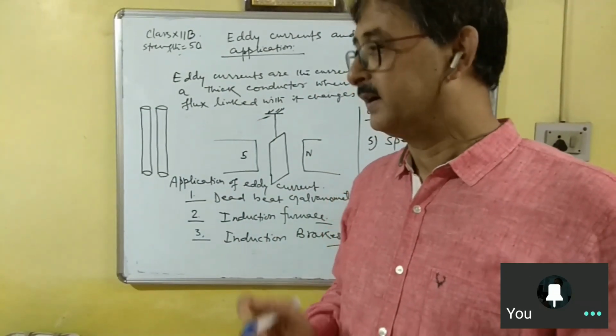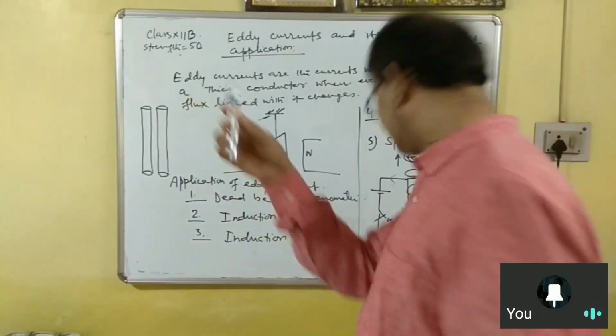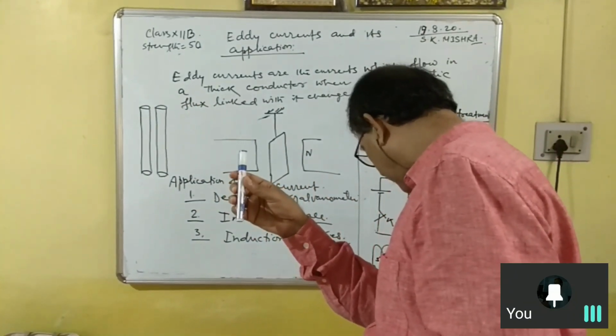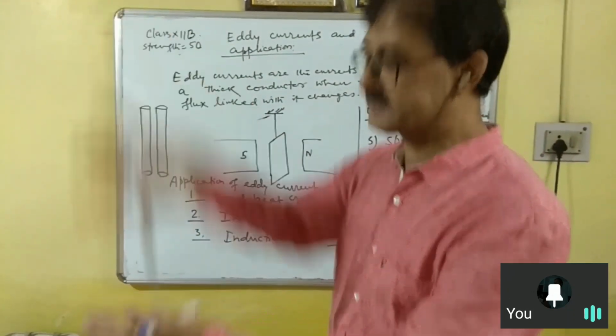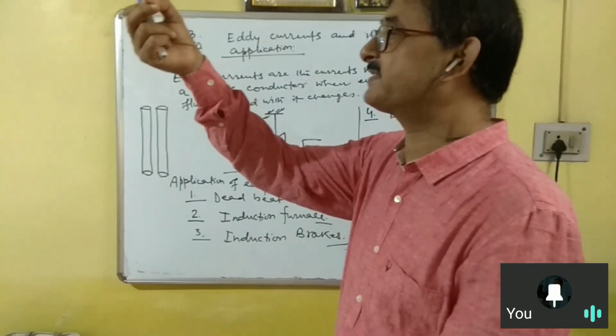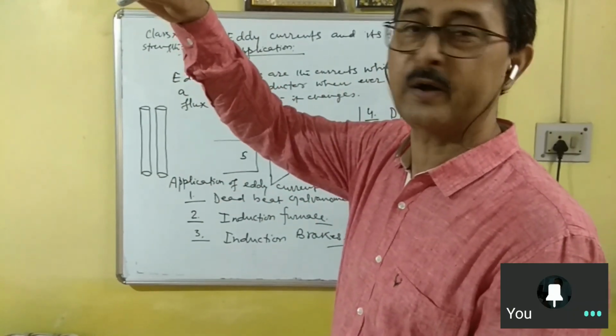Now, if this cylindrical magnet is allowed to fall freely, say it takes 1 or 2 seconds to cover the distance.